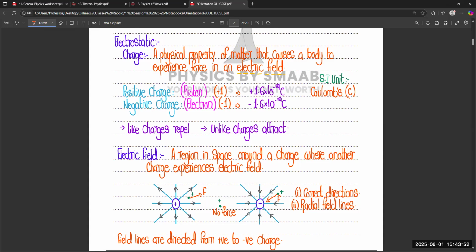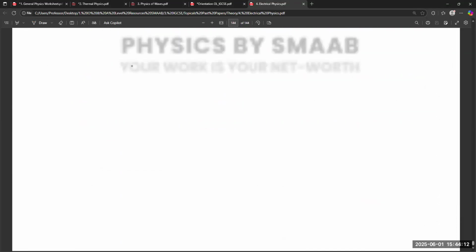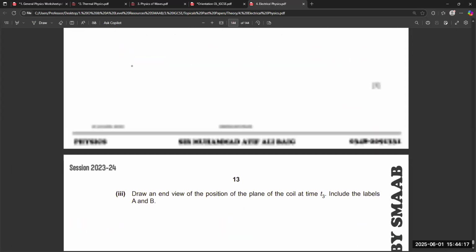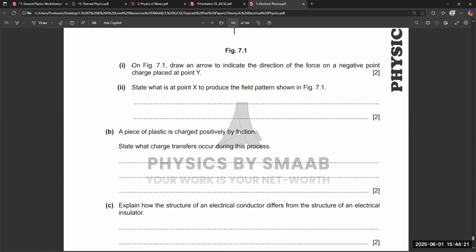For example, if we consider some questions related to this field concept that we discussed today, how we will get questions in our past papers related to the field lines. So in 2023, you can see the same type of practice worksheet that we used for general physics and thermal.